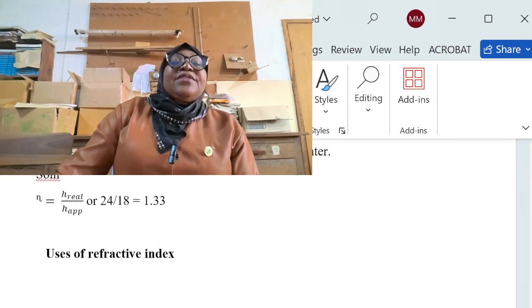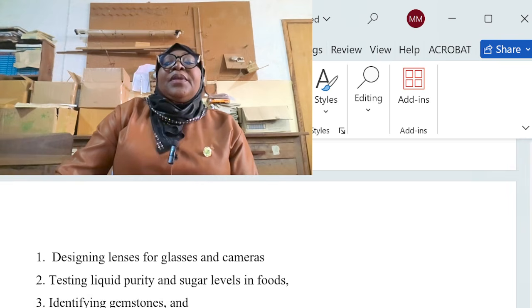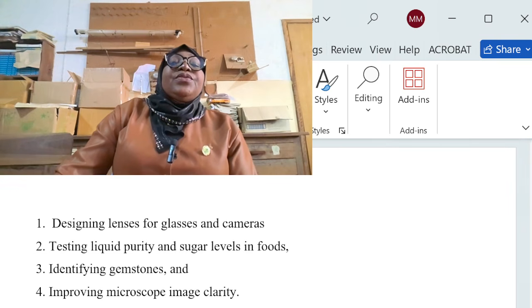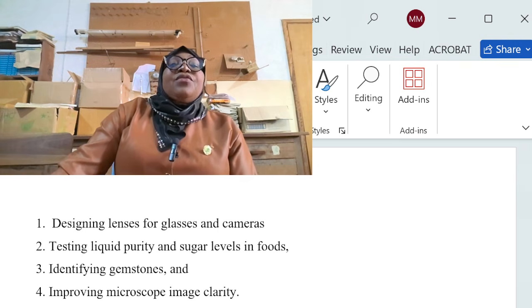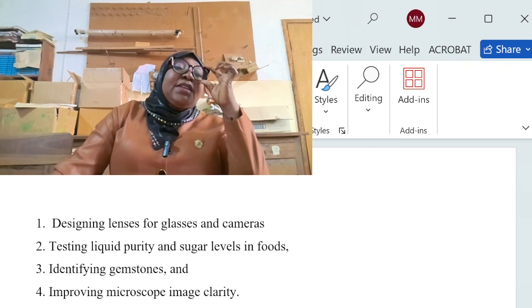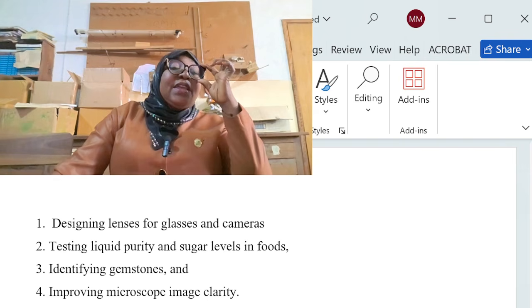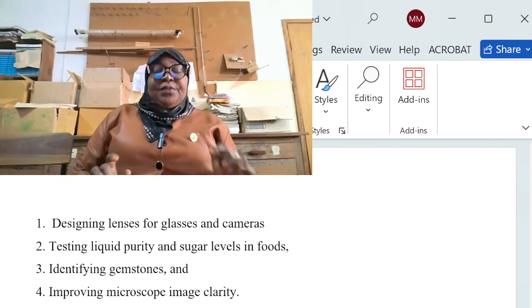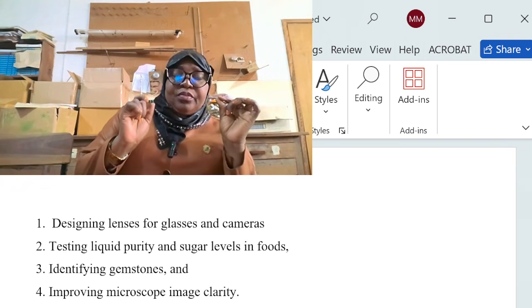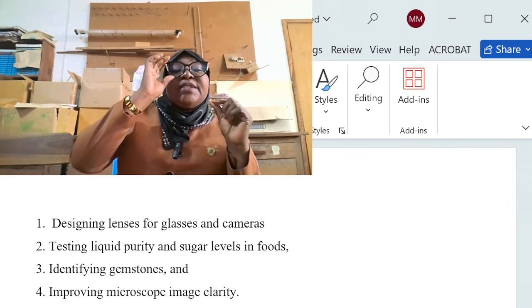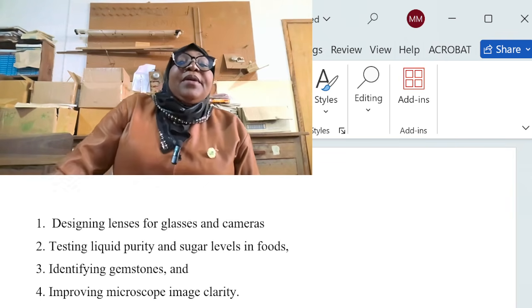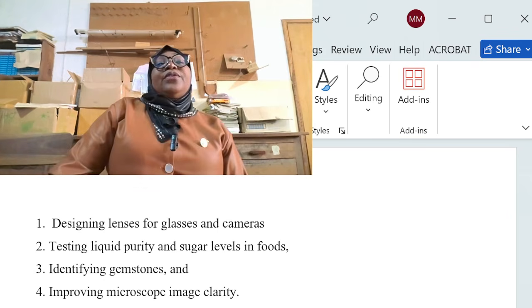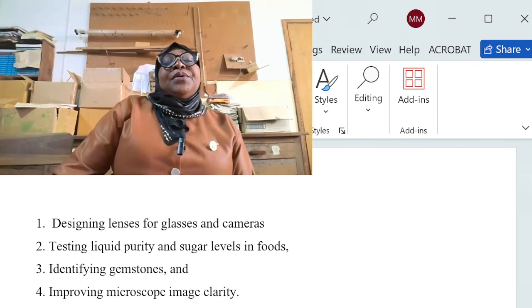Uses of the refractive index. The refractive index is used in designing the lenses for glasses. As you can see here, in my glasses, the optical focusing power of this lens has been determined by using the refractive index, and cameras also use lenses.